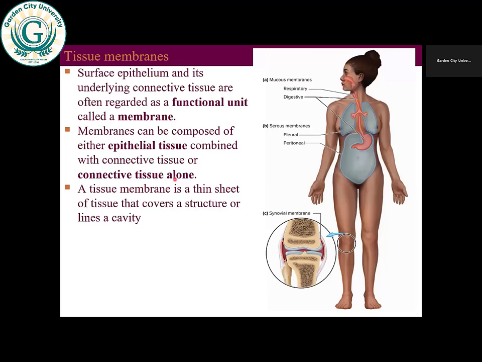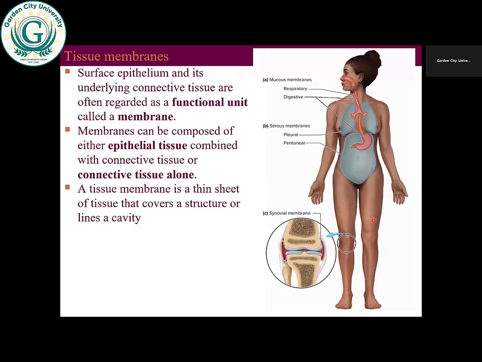It forms a sheet that covers structures or lines cavities. There are 4 types of membrane. So A, B, C. Okay, then where is the D? The D will be the skin.